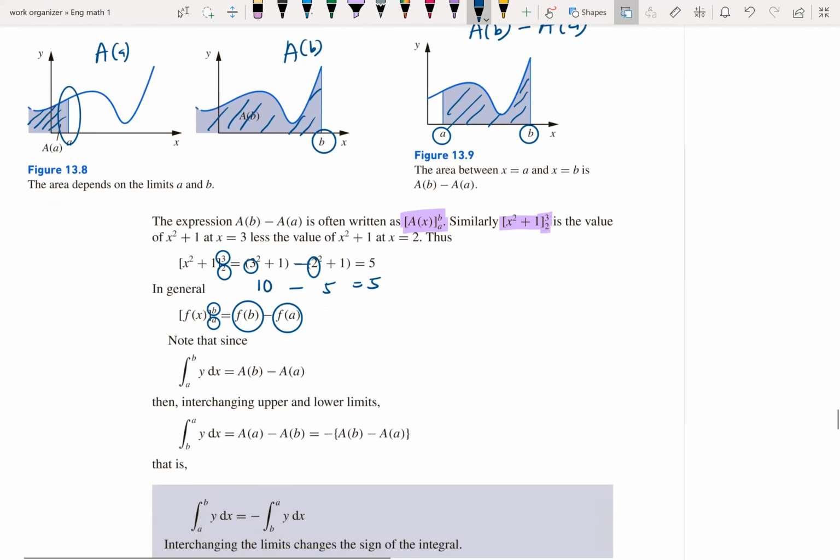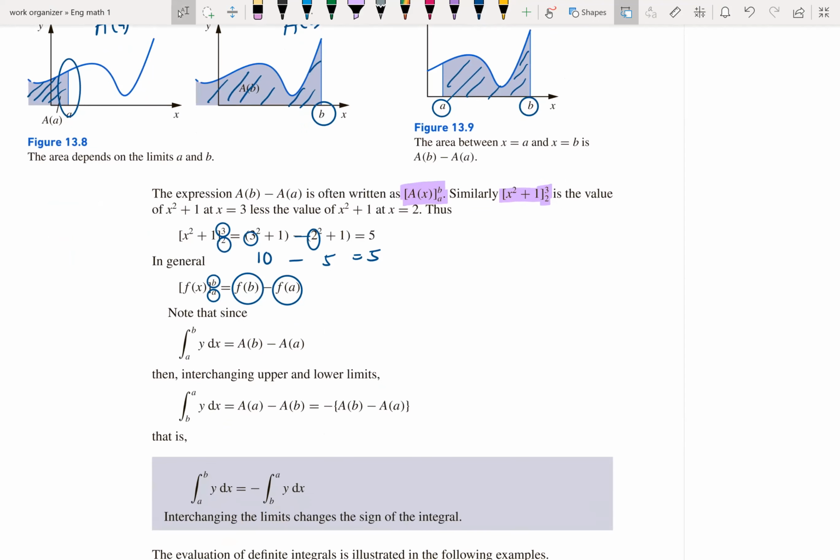It can also be interchanged. Let's say from a to b, we write F(a) minus F(b). Actually it's the same as the previous one, but you have to put the negative.